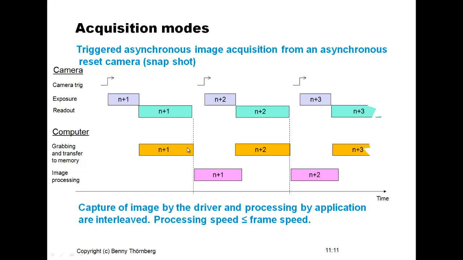The grabbing in the grabber hardware and the transfer to the internal memory will happen at the same time as the communication output on the camera, and then the image processing will start after the grabbing has finalized the transfer of image data into the internal memory of the computer. So the processing speed in this case is less than or equal to the frame speed.